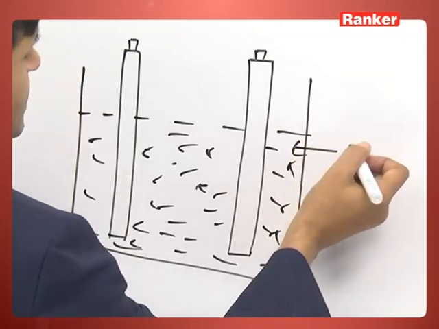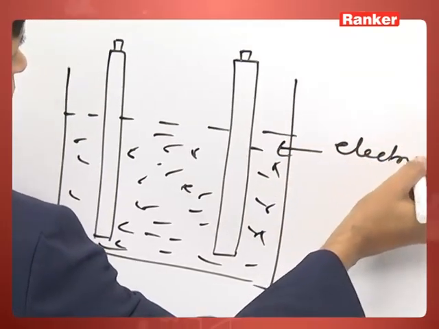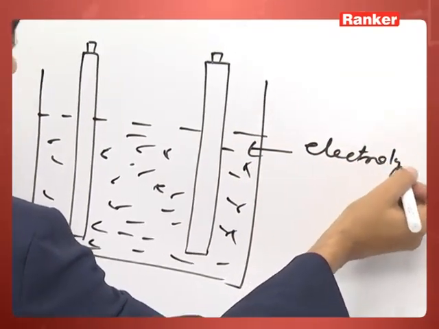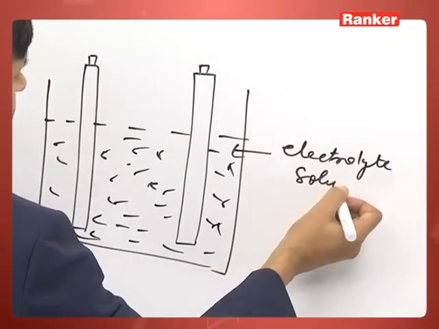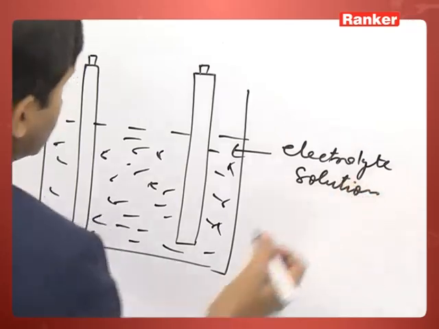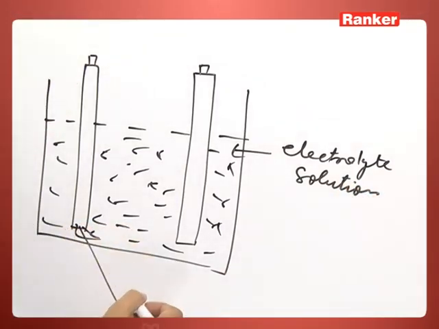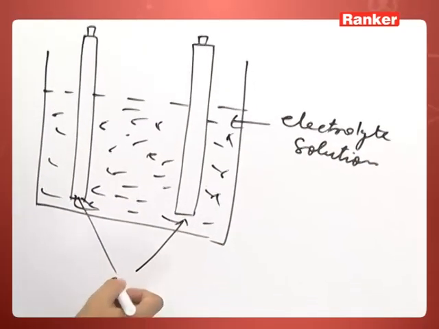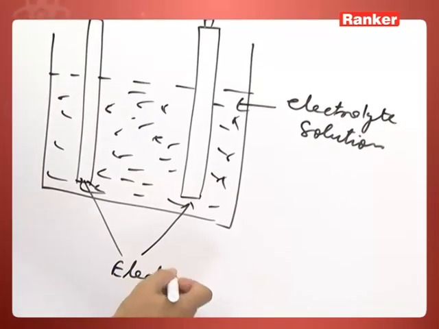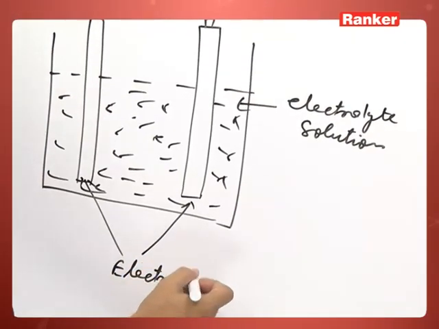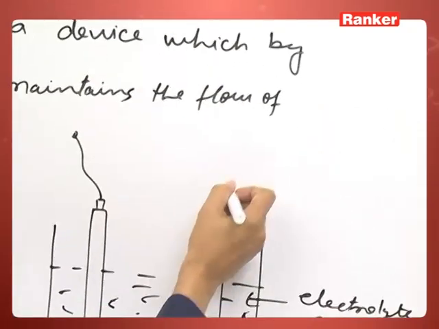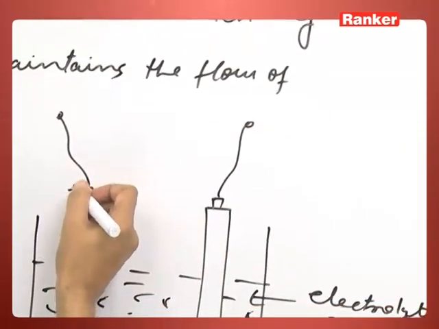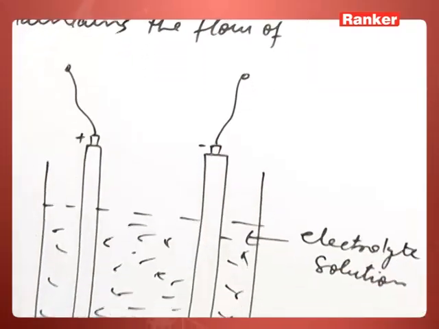This is the electrolyte solution, and these two are electrodes, and this is the terminal. One is positive and one is negative.